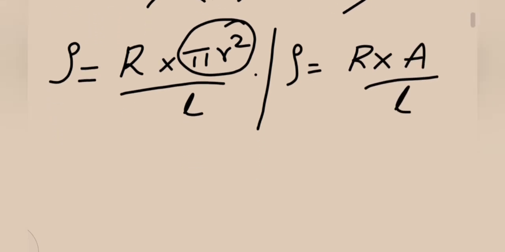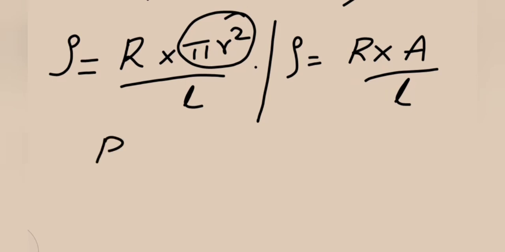Now suppose the value of area is unity, that is 1, and length is also unity, that is 1. If it is meter, area will be 1 meter square, and length will be 1 meter. If it is centimeter, area will be 1 centimeter square, and length will be 1 centimeter.